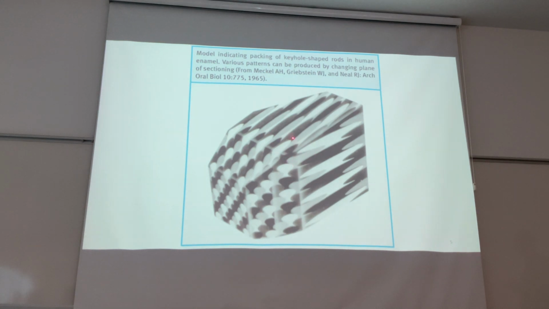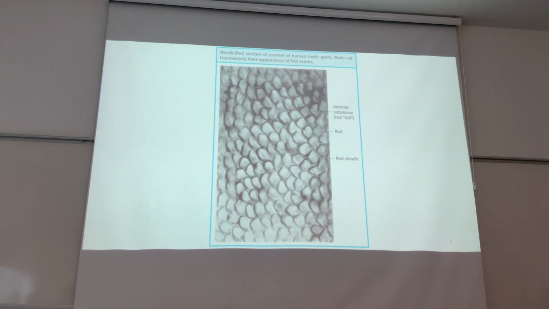Each of these structures is our hydroxyapatite crystal. Okay? Hydroxyapatite crystals. Again, look at this part. We have hydroxyapatite crystals, the large area or the round area, and between these large parts you can see these areas.